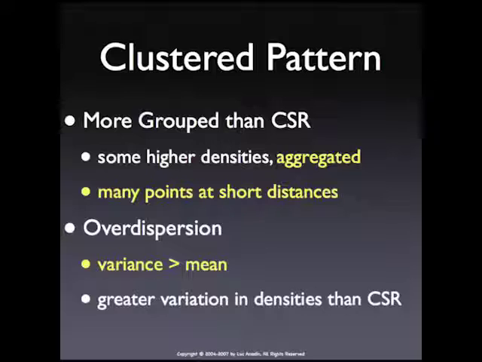So there is too much variability to be a Poisson distribution. And you get the variability because you get greater variation in the densities of the points. Just visualize it: clump of points, nothing, clump of points. That's a lot of variability. That's not something you're likely to see in a random process. That's what it's all about.